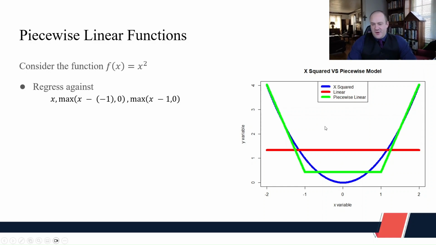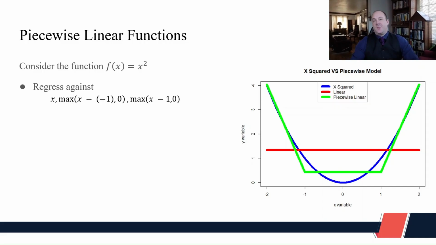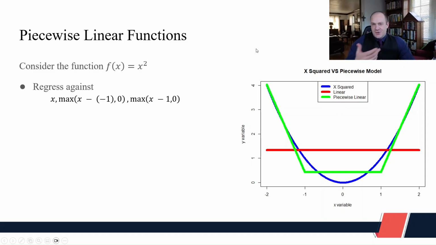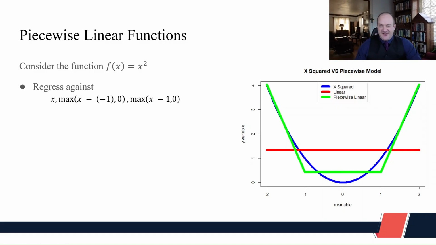So what do we observe here? Well, one is that obviously the green line does a much better job of following the parabola than the red line, which does no job whatsoever. And the other thing, and this lends itself to the interpretability of it, is that when I say models which are simultaneously explicable and precise, doing a good job is the precise part of it, right? The model follows the phenomenon.